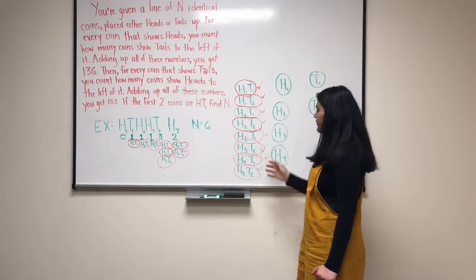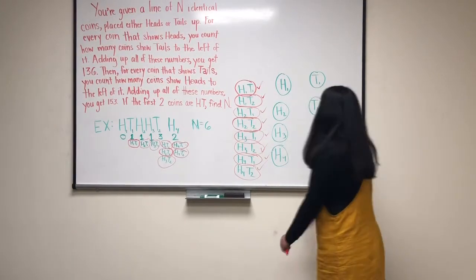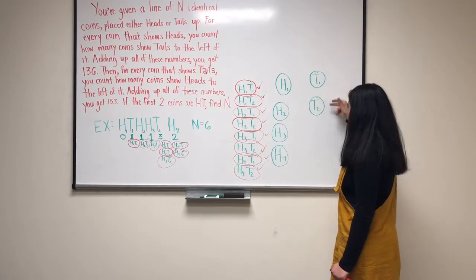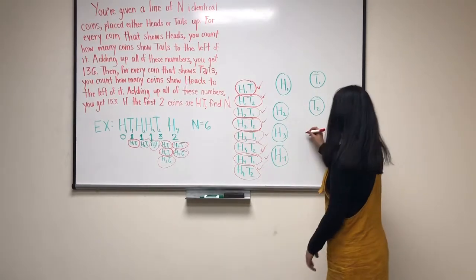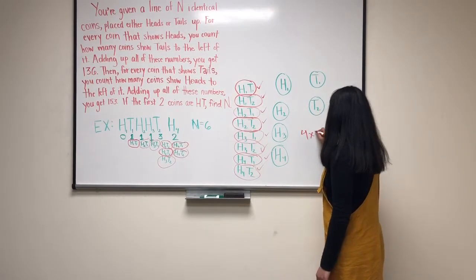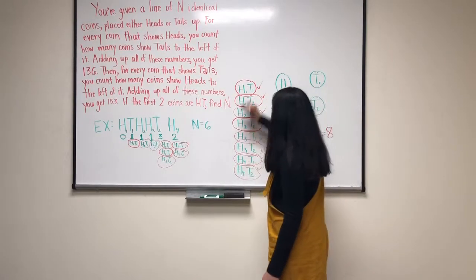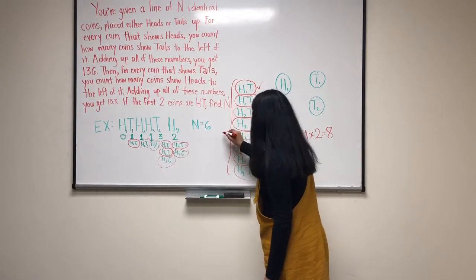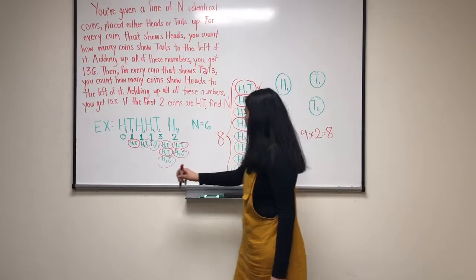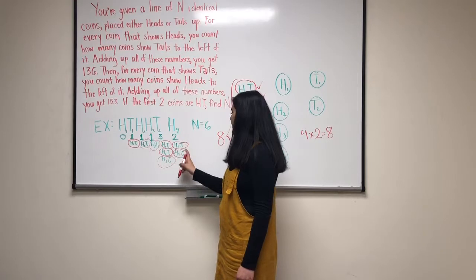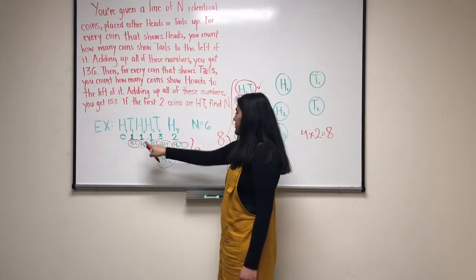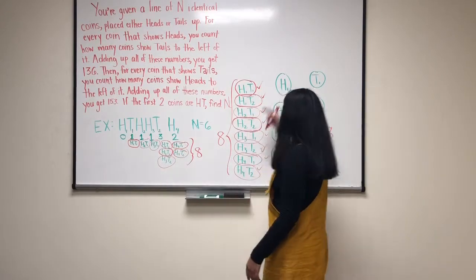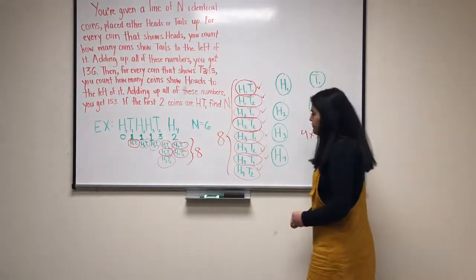And the total number of pairs here equals the number of heads times the number of tails. So the total number of heads times tails equals 4 times 2, which is 8. So the total number of pairs here equals 8. And as you can see here, 1, 2, 3, 4, 5, 6, 7, 8. There are also 8 pairs here, with each pair here mapping once and exactly once to each pair here.